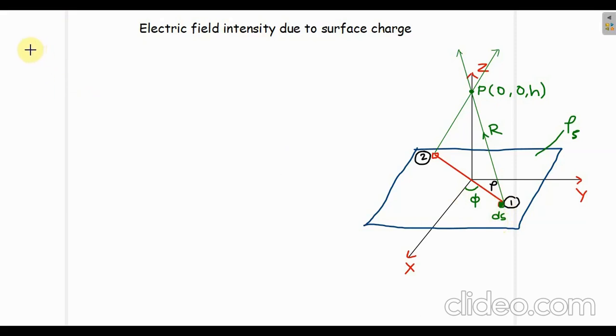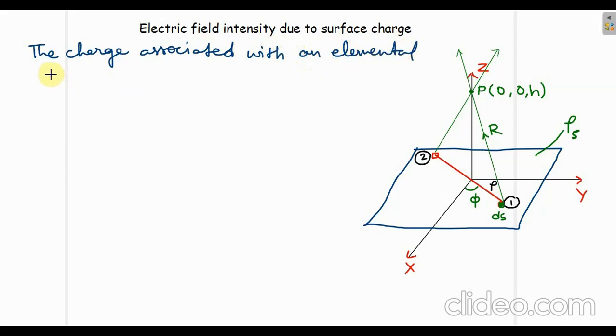So what will be the charge? Obviously, if the area is elemental, the charge will also be elemental.